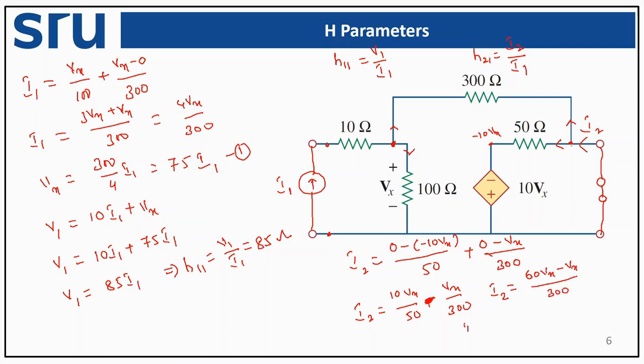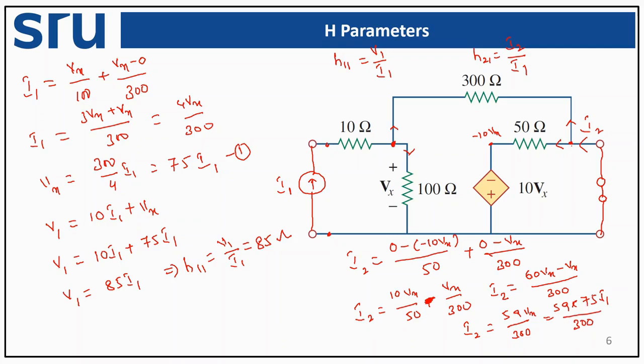So my I2 is equal to 59 Vx divided by 300. Now try to substitute Vx equal to 75 I1. So we are going to get 59 into 75 I1 divided by 300.